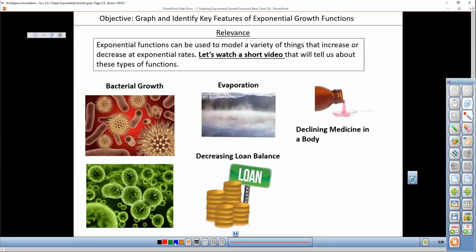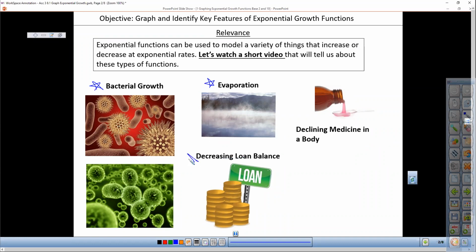So we will not be doing context applications today, but we will a little later in this unit. I just wanted to point out to you, there are a lot of situations that are best modeled by an exponential function, and these are some of them. Many populations, especially growth of bacteria cultures, are best modeled with an exponential function. Evaporation is an exponential model.